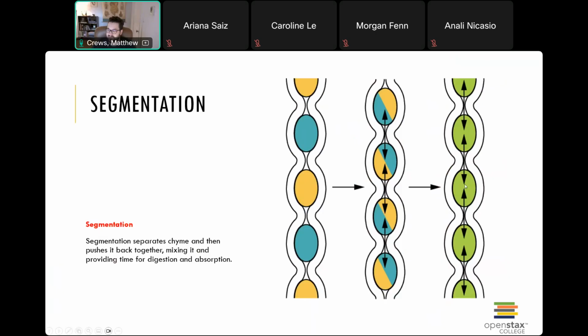And it also helps move, as you absorb nutrients from the outside of this little rabbit pellet, you need to squeeze that rabbit pellet to the next segment, right? So you need to move all the nutrients that are on the inside to the outside because they've got to be absorbed as well. So this segmentation helps mix it up and create homogeny within the mixture so that you're absorbing at a slower and more controlled rate. Okay.